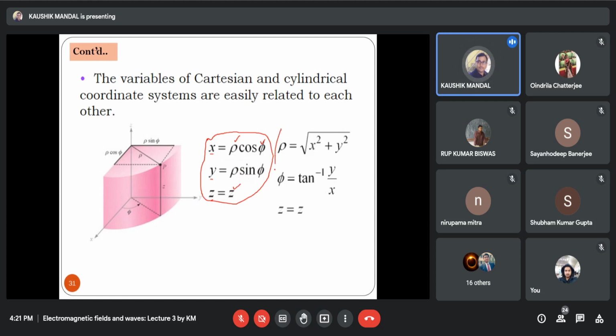In the second set, we have written the cylindrical coordinate system in terms of the Cartesian coordinate system.